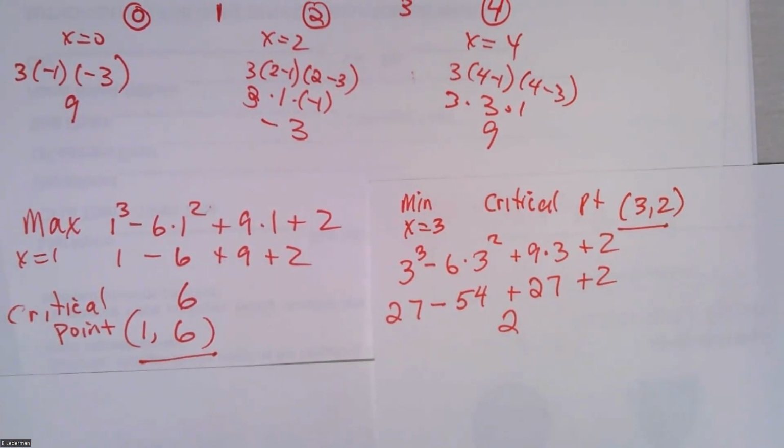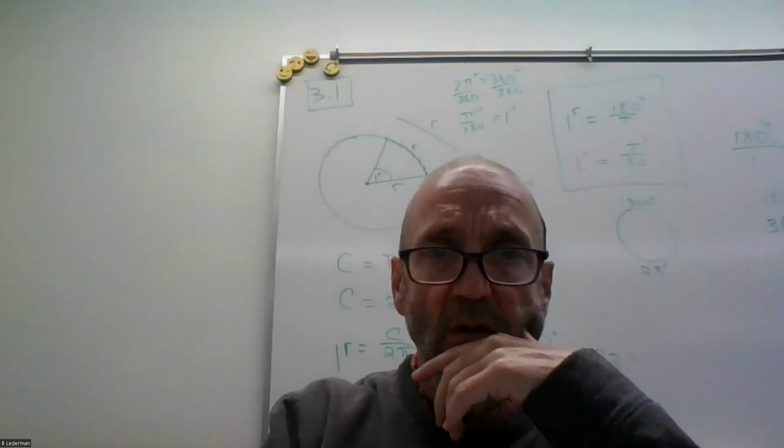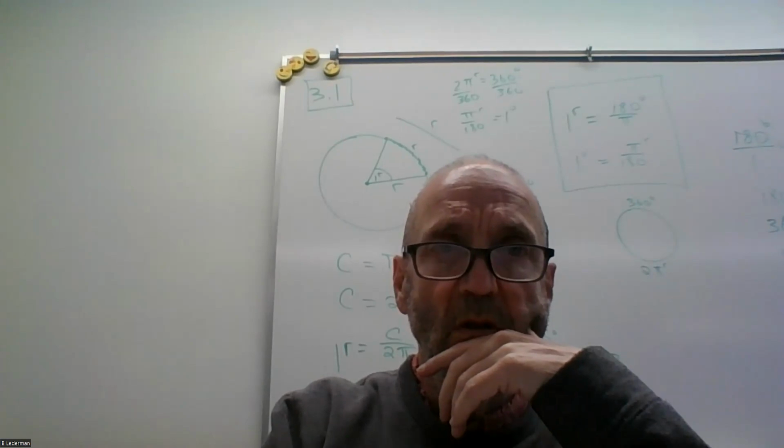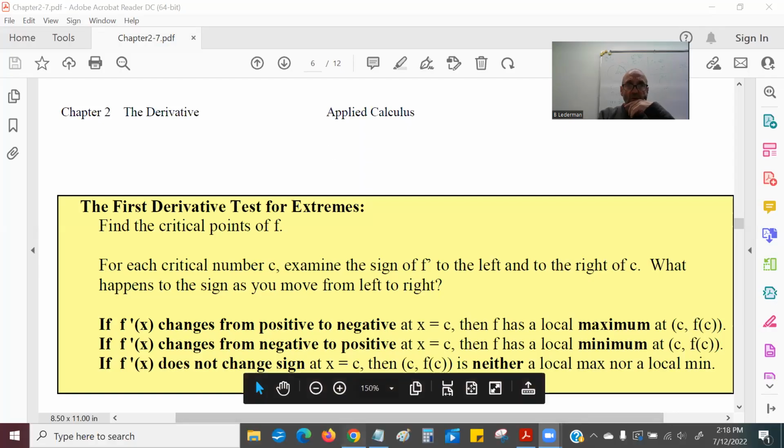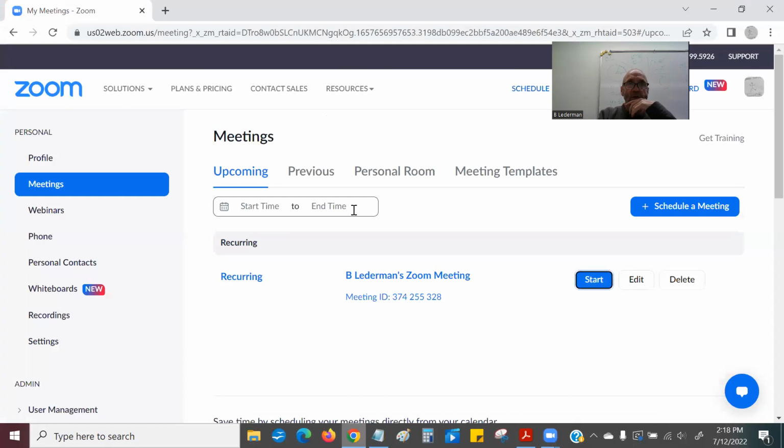I want to graph this on Desmos, and let's see what this looks like. So I'm going to, what am I going to do? I have to switch cameras again. And share my screen. And I'm going to go to Desmos.